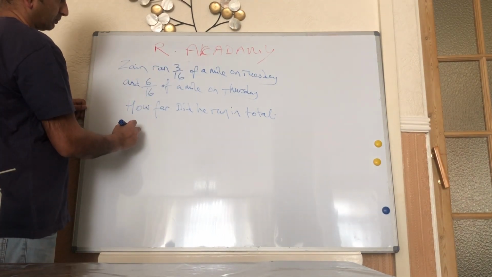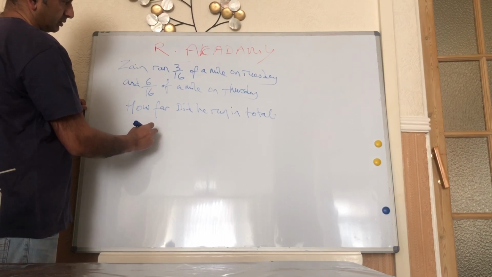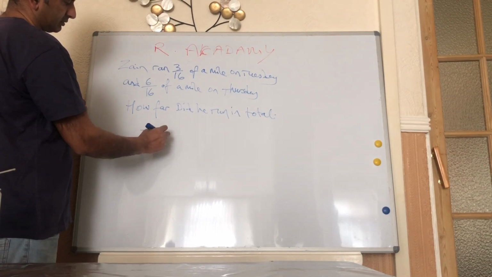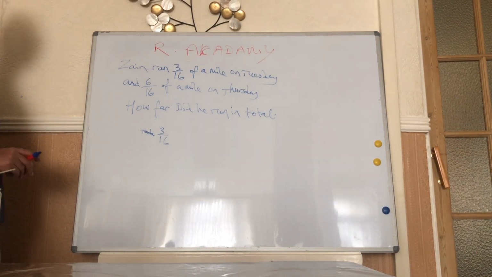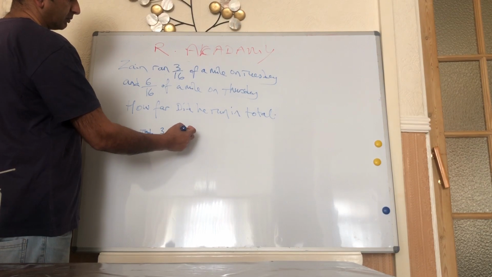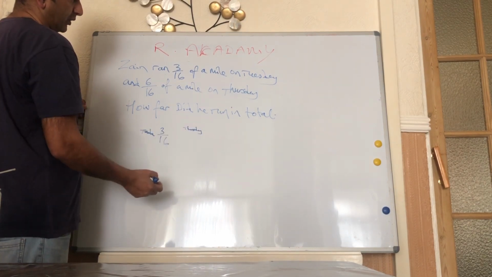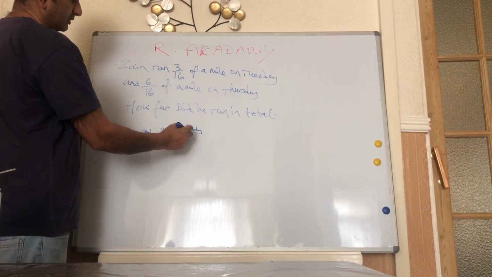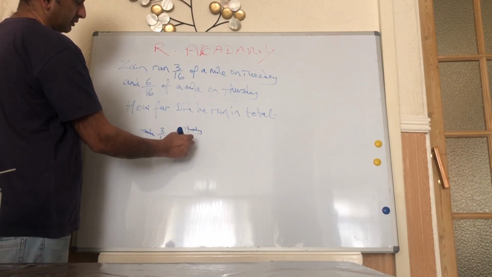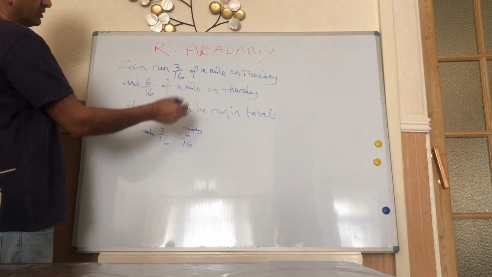So you can just put Tuesday if you want, and just put 3/16. Is that easier? And then you put down on a Thursday, he ran 6/16. So then they say in one day and the next day, what is the total?